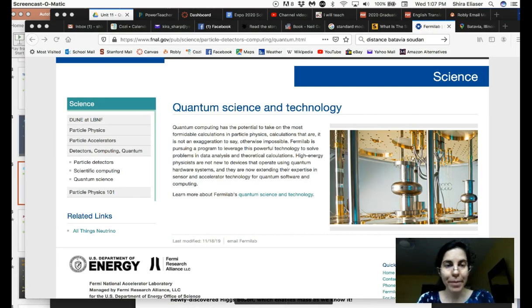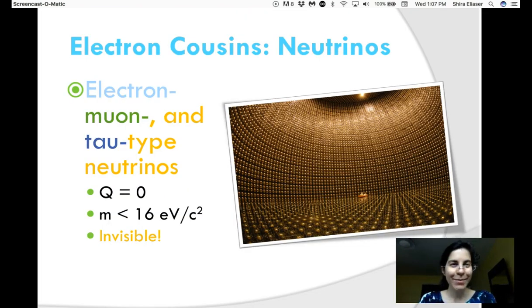Super K in Japan, when they published their results, were not working in an experiment 800 kilometers long. They managed to confirm the upper bound based on the precision of their measurements. They know that the mass of a neutrino is less than the greatest accuracy they could achieve, namely it's less than 16 electron volts per c squared.